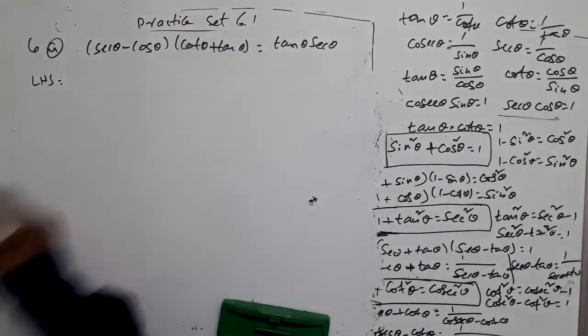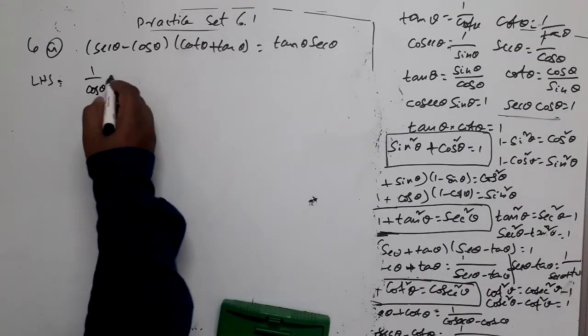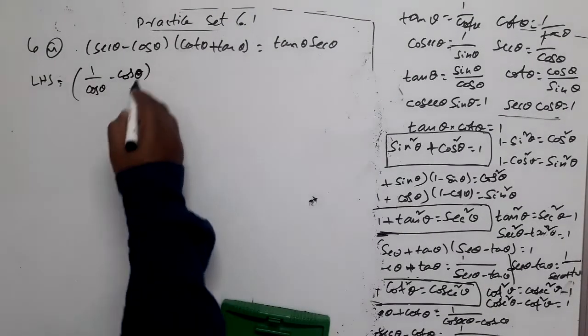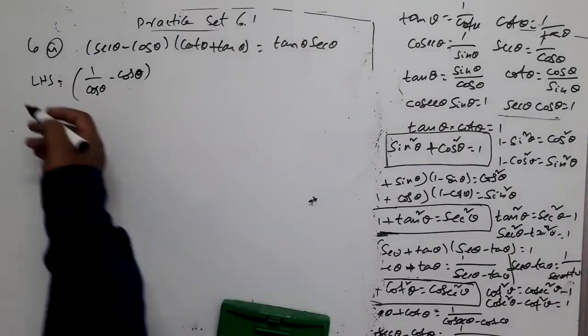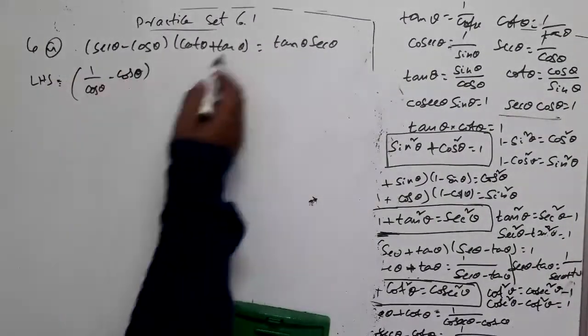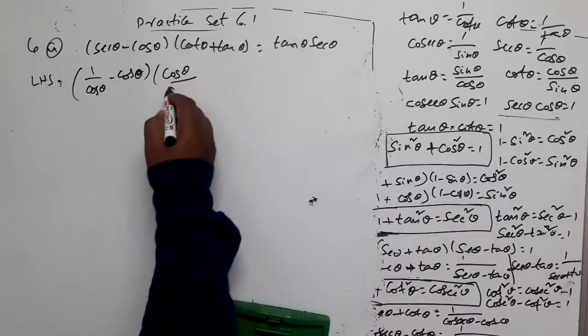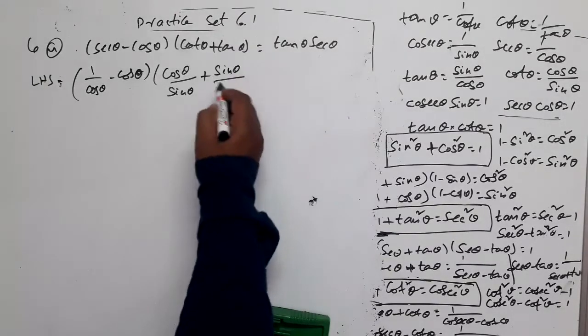So let us write like that. Secant theta is 1 by cos theta. Let us leave cos theta as it is. I am writing the complete expression in terms of sin theta and cos theta. Of course, this is LHS. Multiplied by cot theta, which is cos theta by sin theta, plus tan theta, which is sin theta by cos theta.